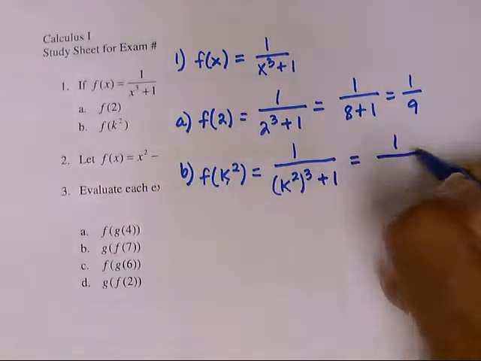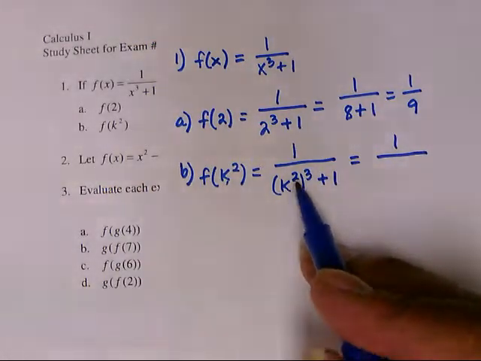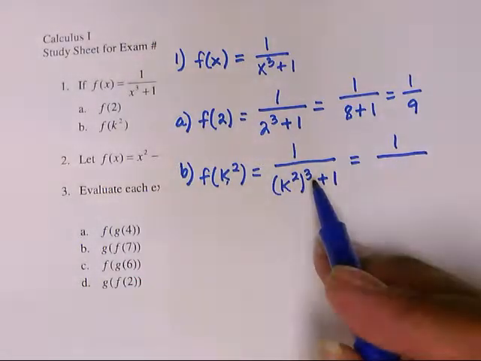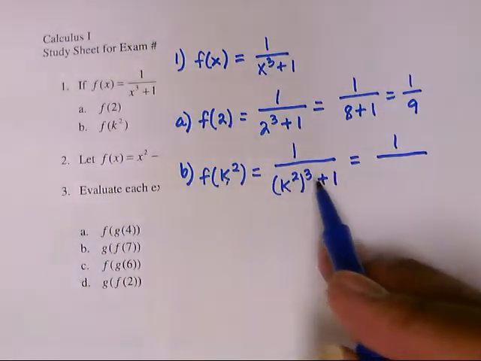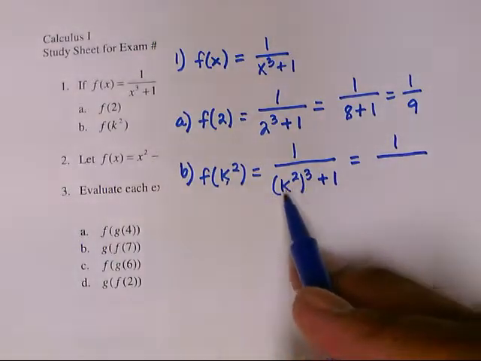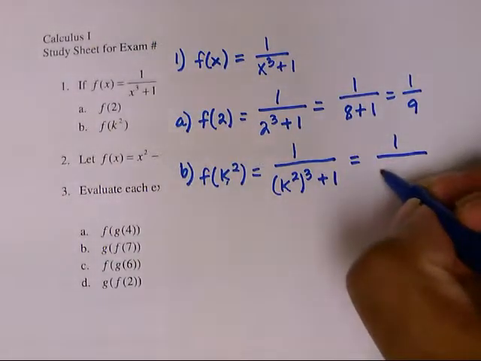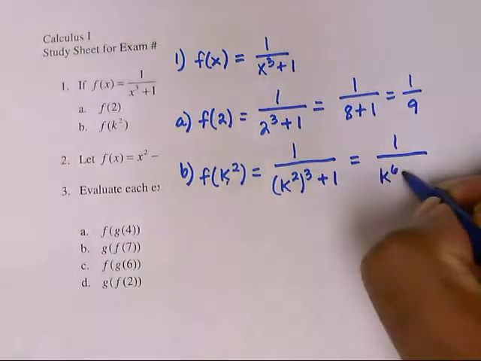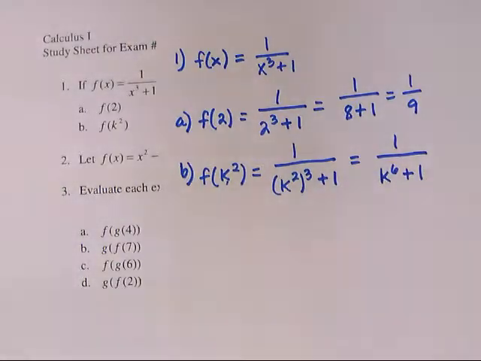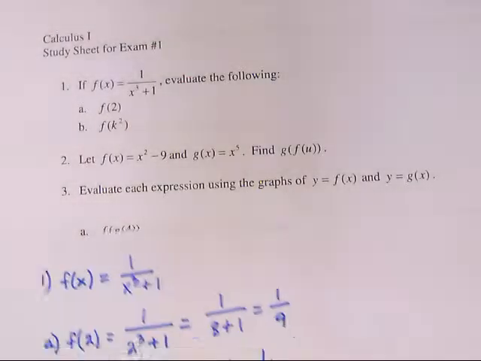So I have 1 over k to the second raised to the third power. I'm raising a power to a power, so we multiply the exponents here. So 2 times 3 will be 6. So it'll be k to the sixth plus 1. Okay, so that's problem number 1.